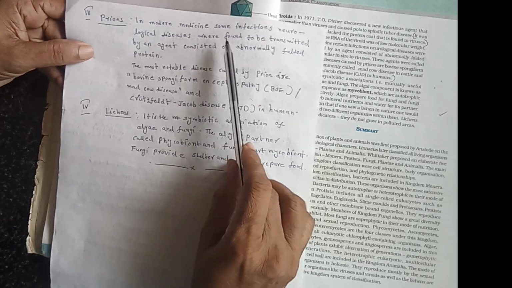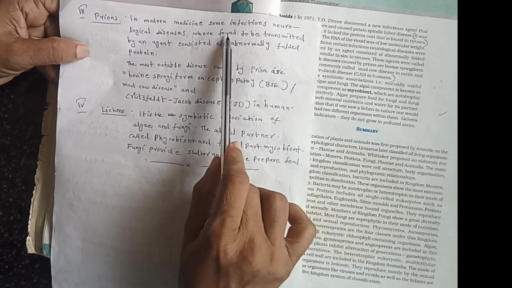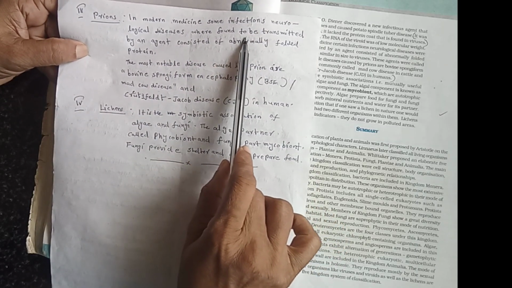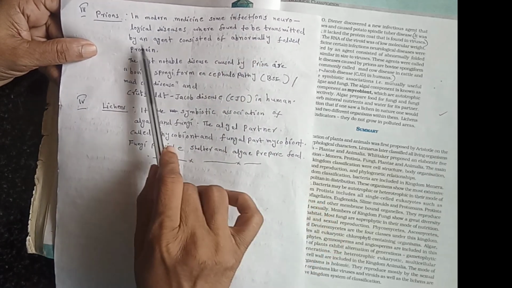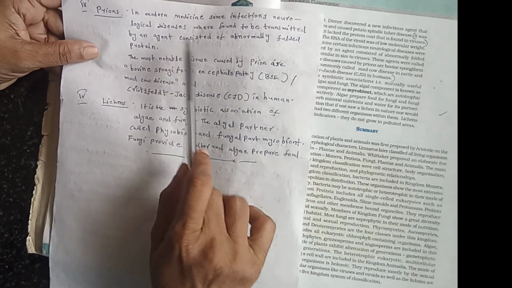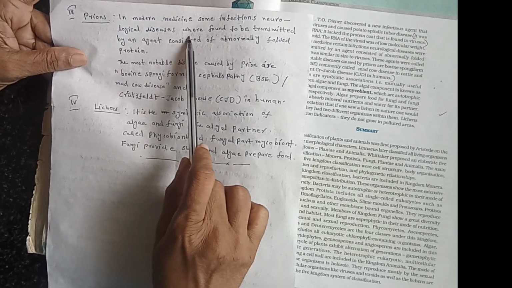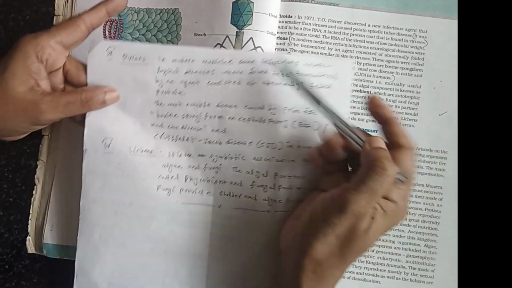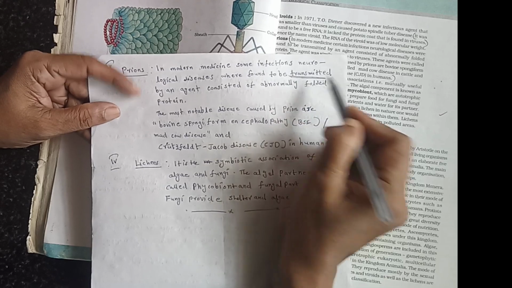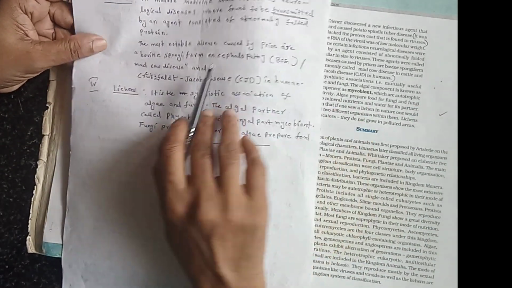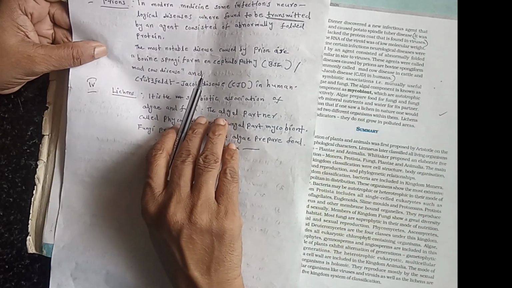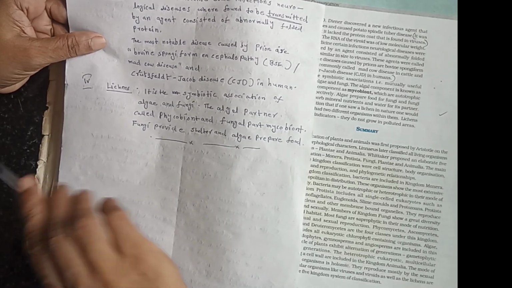Prions. In modern medicine, some infectious neurological diseases were found to be transmitted by an agent consisting of abnormally folded protein.